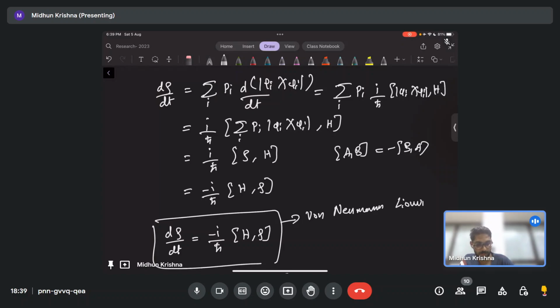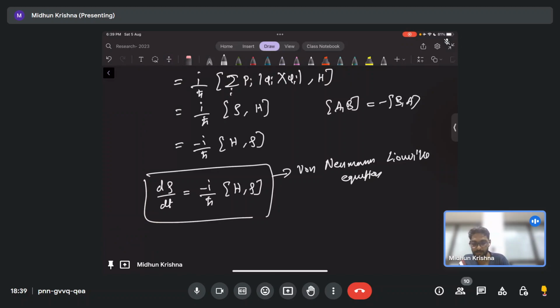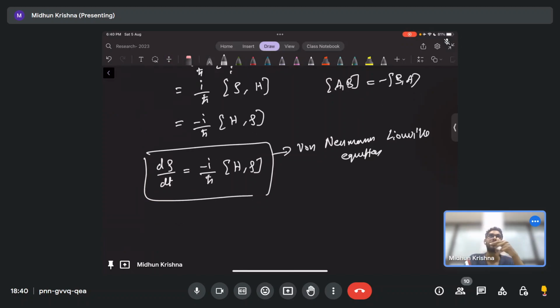Liouville equation. Those who have done classical mechanics, I have an interesting connection that I would like to make. When you do Lagrangian and move to Hamiltonian dynamics, we know that the evolution of the probability distribution, d by dt of the probability distribution, is given by the Poisson bracket with the Hamiltonian.